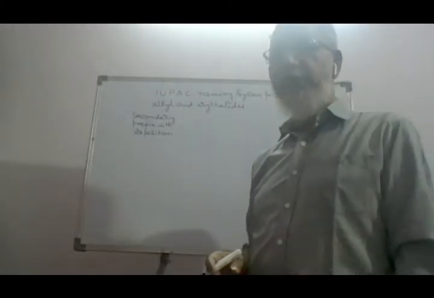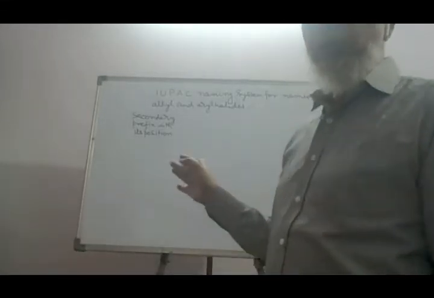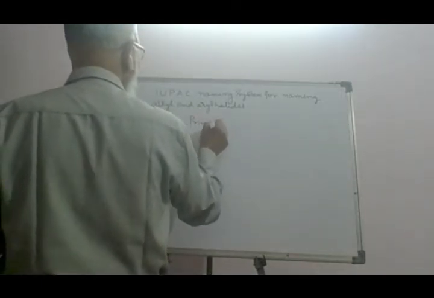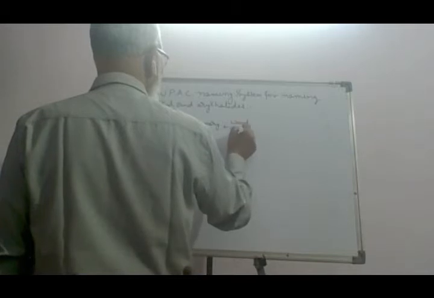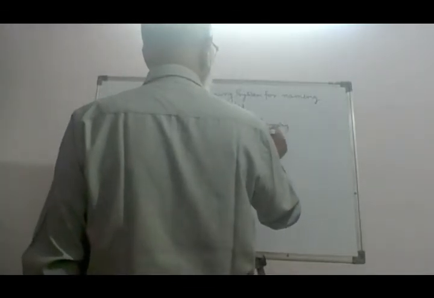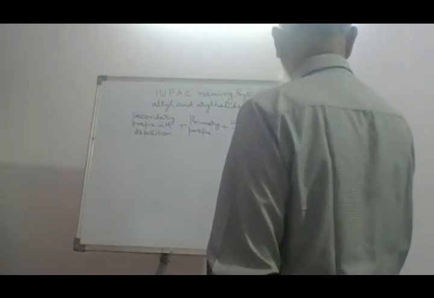Position means when we number the carbon atoms, then we shall see with which carbon atom it is attached or on which carbon atom it is being substituted, maybe third, second, whatever it be, that I will see with the help of examples, plus primary prefix, plus word root, plus primary suffix with its number or position, plus secondary suffix with its position.